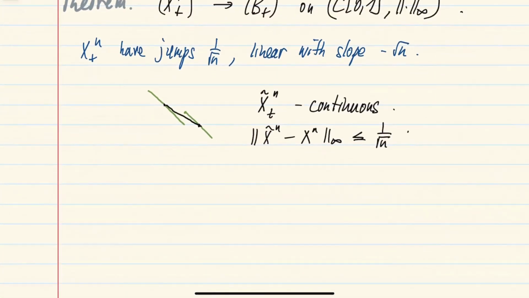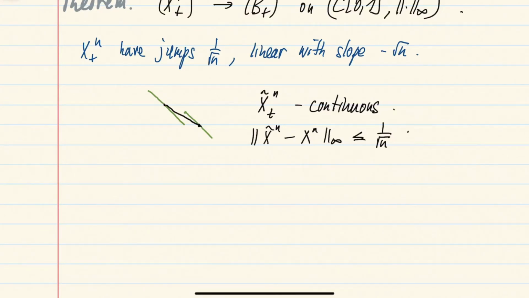So for example, when we prove the above theorem for the continuous version X tilde, we need to show uniform tightness, and by the result in the previous section, it's the same as controlling the modulus of continuity.